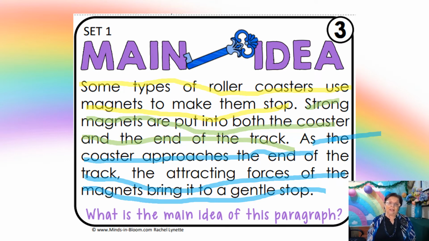So I know that the main idea must be roller coasters use magnets to stop, because everywhere else in the paragraph it talks about the magnets and how they make the roller coaster stop.